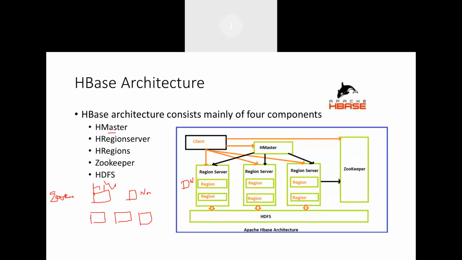Then there will be region servers, which are all part of the data node itself. However, the data node is distributed, so the region server will also be part of the data node itself. Okay, region servers.